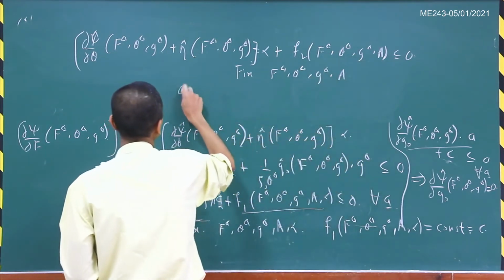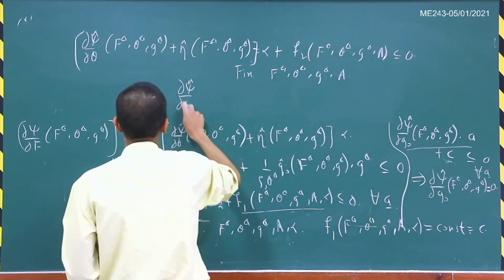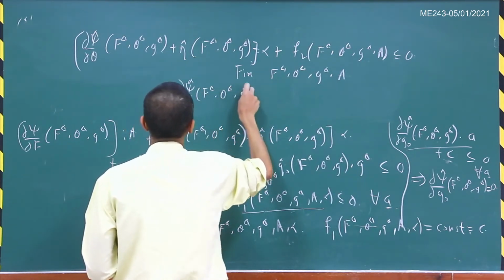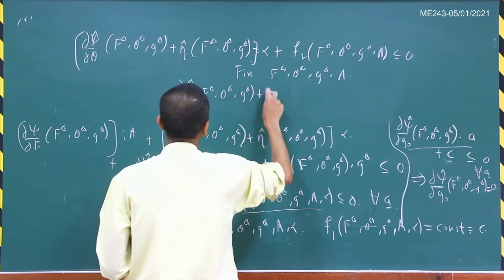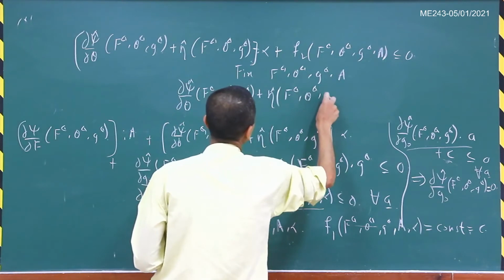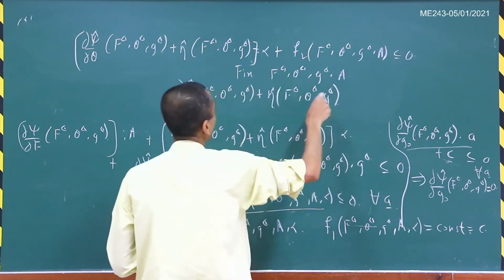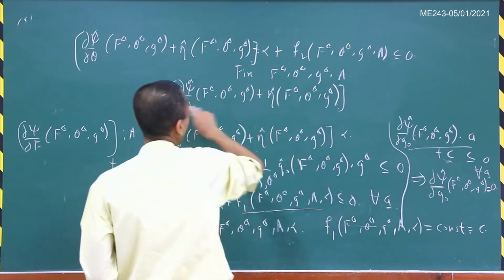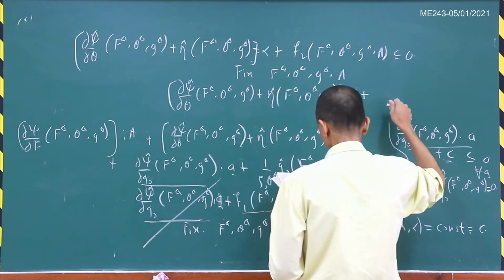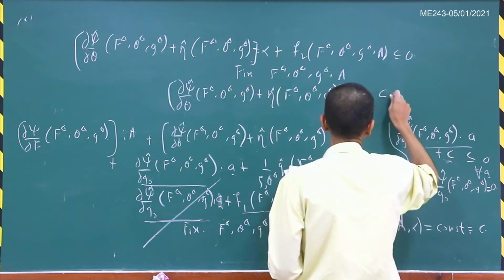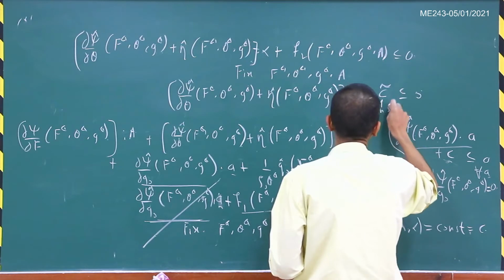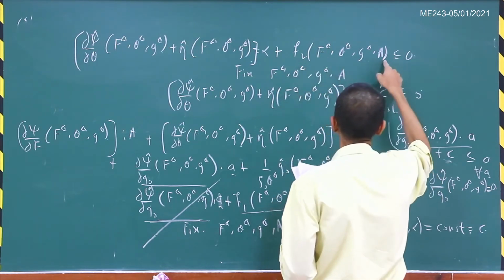So what you'll get now is that del psi hat by del theta evaluated at f theta G plus eta f theta G times alpha plus now some constant, so that is plus some C tilde is less than or equal to 0.